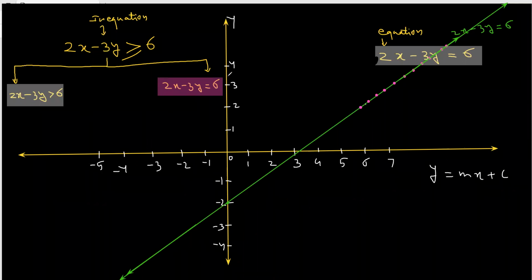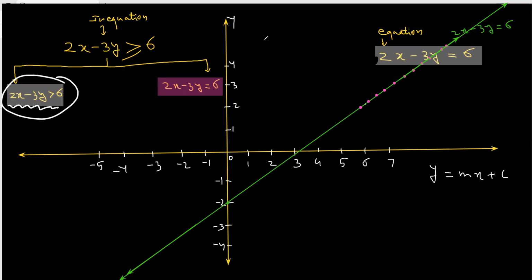You know that this line will divide the region into two half planes. We have one of the half planes with us. Now to decide it, see what I will do. I have drawn the line for you. Now this 2x minus 3y equal to 6, you have it here on the screen. The question here is, this inequation represents which half plane?